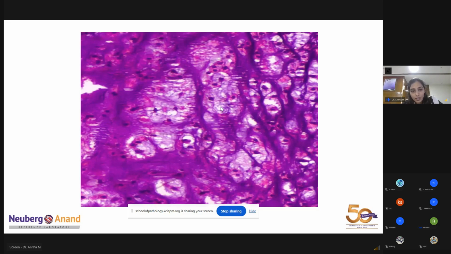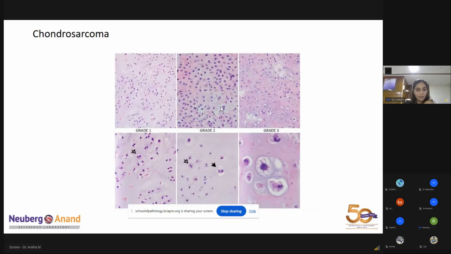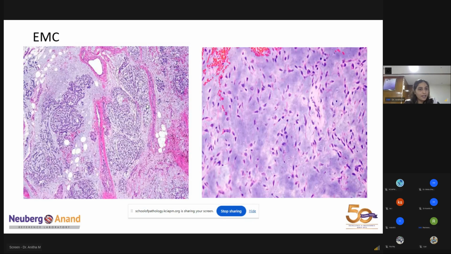See, in chondrosarcoma there will be a huge cartilaginous matrix. In this, there are chondrocytes which are atypical and seated in lacunar spaces. They are binucleated, multinucleated. You can see this kind of thing, but we are not seeing it in this case. In myxoid chondrosarcoma, there is a lobular architecture that is also present in chordoma.